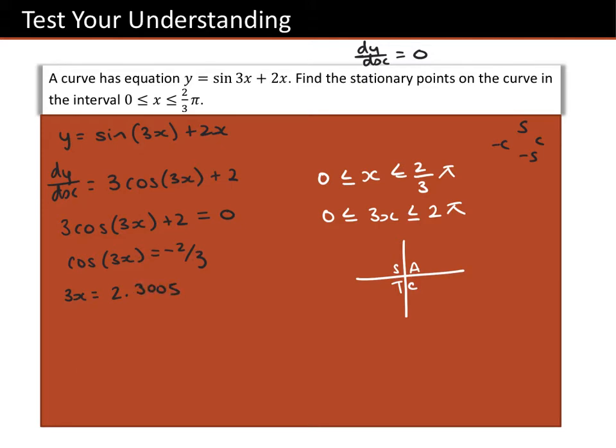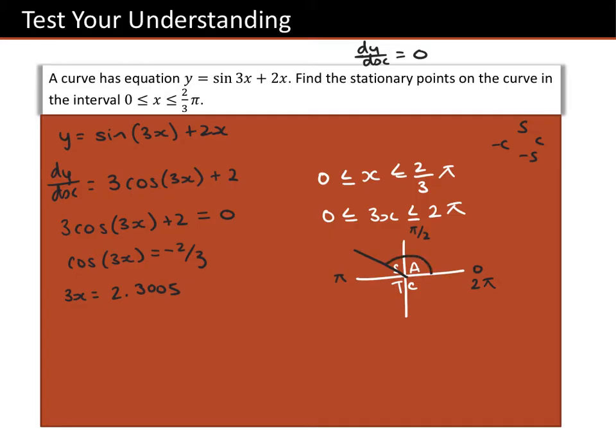If I think about, this is 0, this is pi, this is 2 pi, this is pi over 2. Well, think about it, pi over 2, 3.14 divided by 2 is about 1.5-ish, isn't it? So we know that the angle 2.300 radians is going to be here.